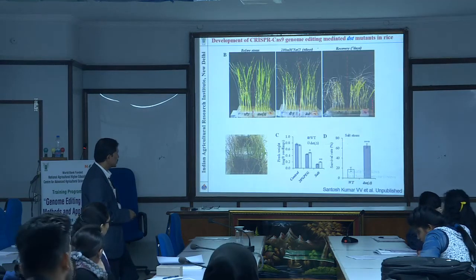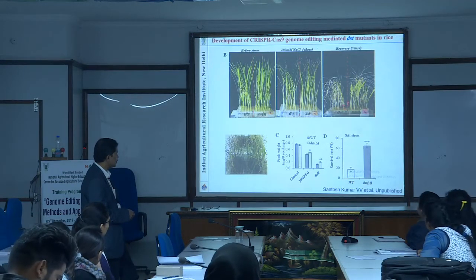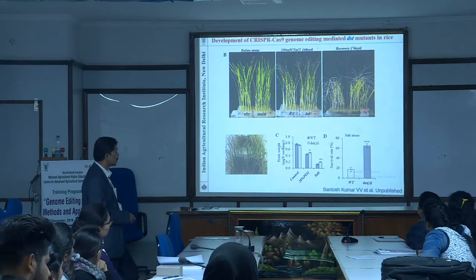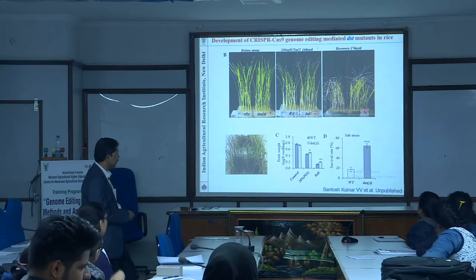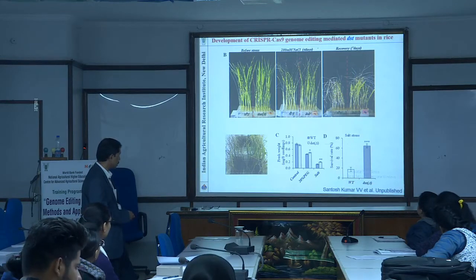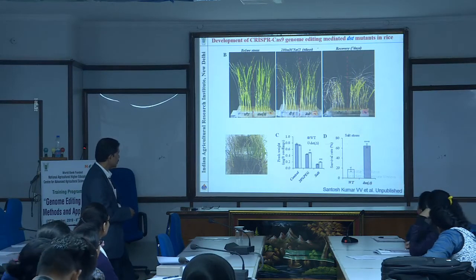We have tested salt stress at the seedling stage so far. This is 200 millimolar salt, which is very high for rice. The wild type plants died, whereas these seedlings can tolerate the salt stress. So these are some of the results.